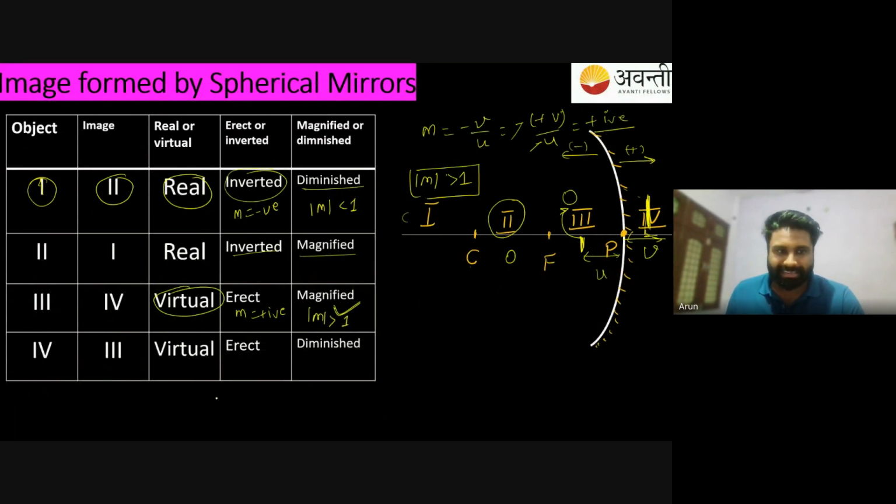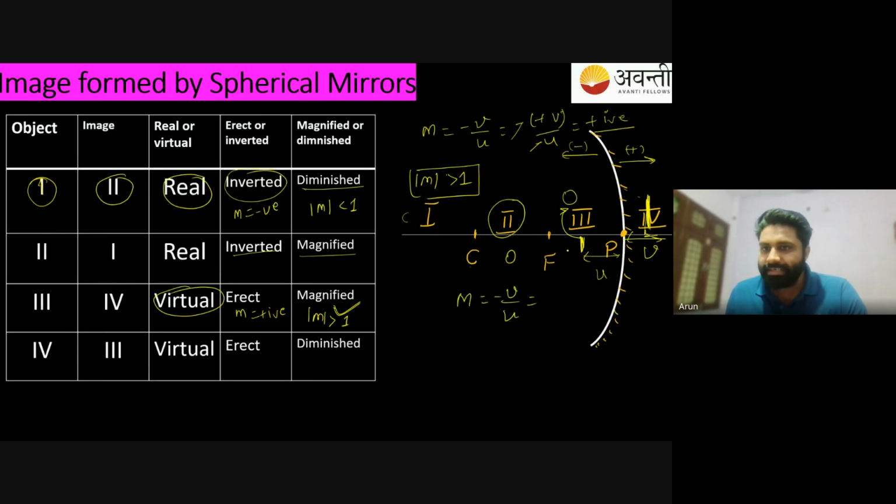And for the next part, if the object is placed in the fourth region here, the image is formed in the third region. The image is real here. Okay, so an object plays a virtual role. ठीक है. So erect होगी कि inverted होगी? Again m is minus of v upon u.